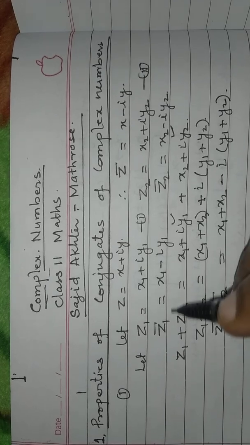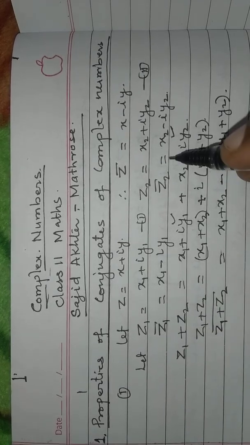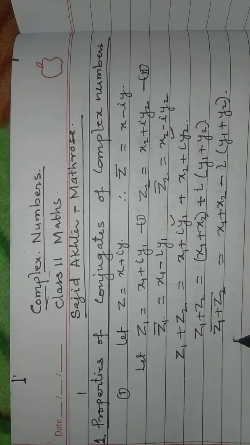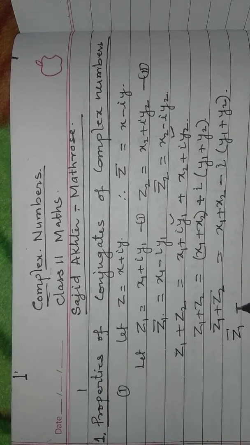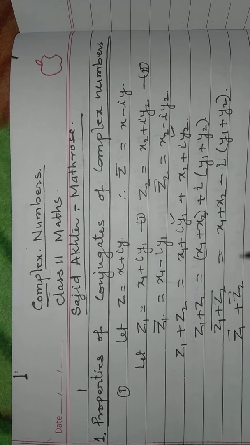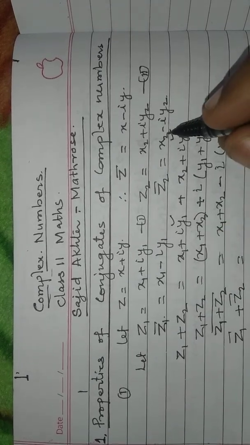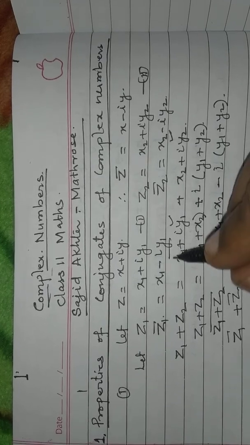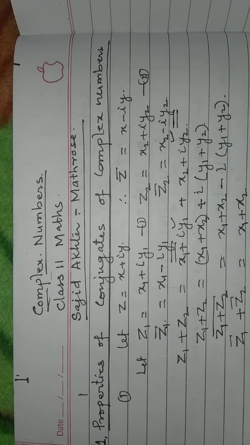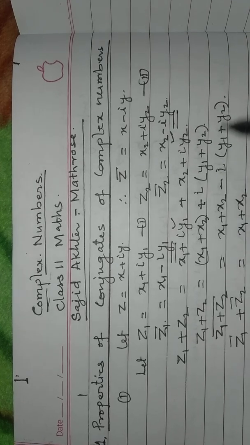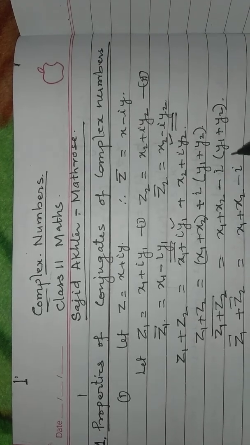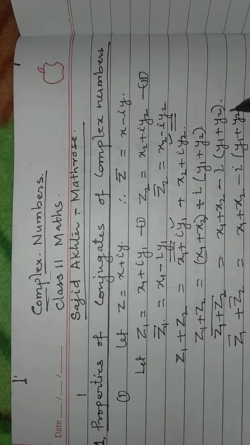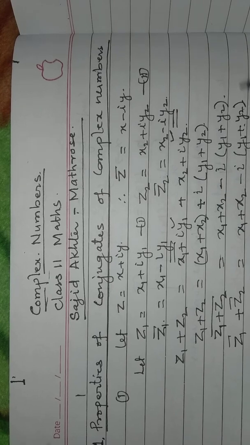Now if we add the conjugate of z1 and the conjugate of z2, we get x1 plus x2, and if these two imaginary parts are added and we take minus iota common, we get minus iota y1 plus y2.